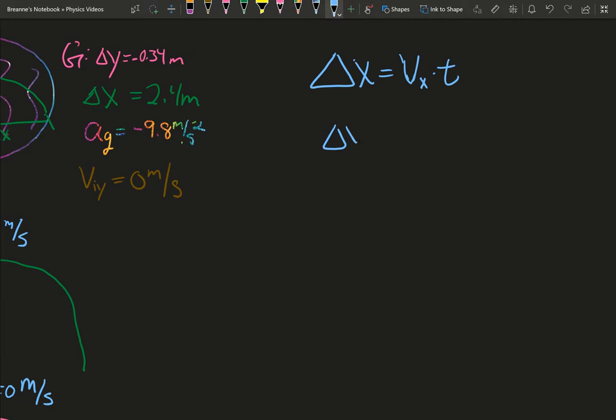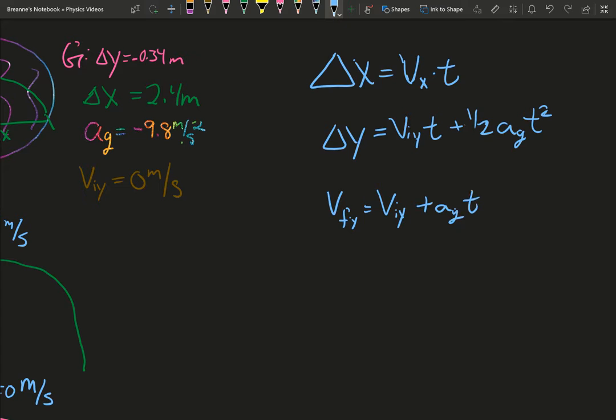We have our delta y equals V_iy t plus 1/2 a_g t squared. We have our final Vy equals our V_iy plus a_g t.